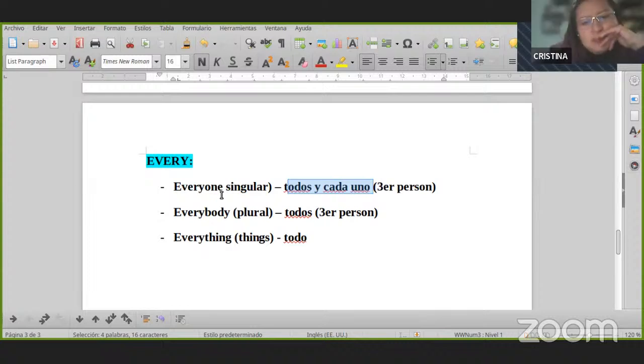Todos y cada uno, sin falta ninguno, ¿no? Deben ir. Pero si yo digo, everybody has to go, todos tienen que ir. Pero es de manera general. Pueden ser varios, pero no así obligado. So everyone, it's like with more emphasizing. Okay, yeah, that's the only difference.